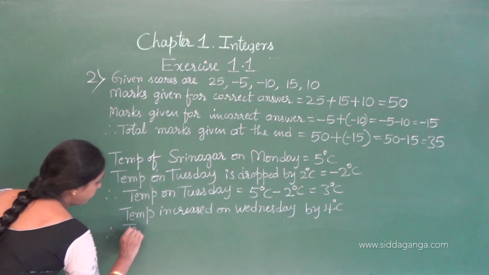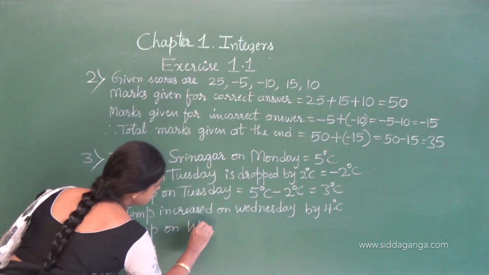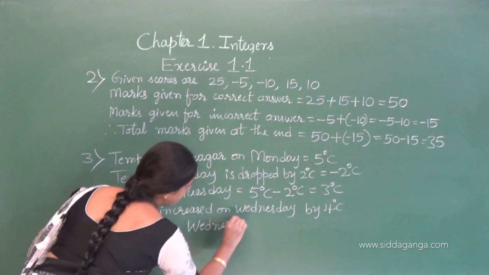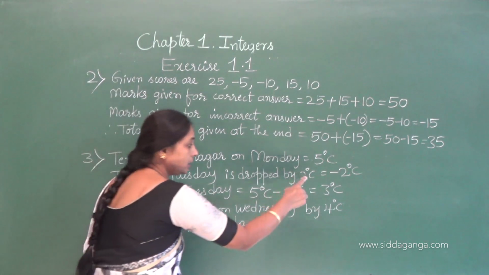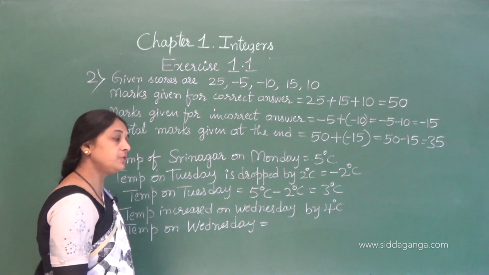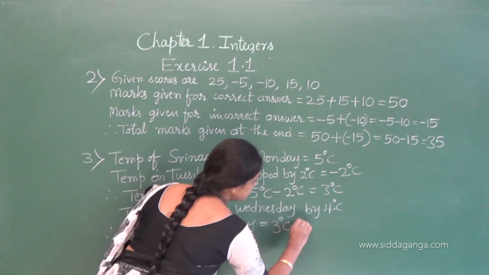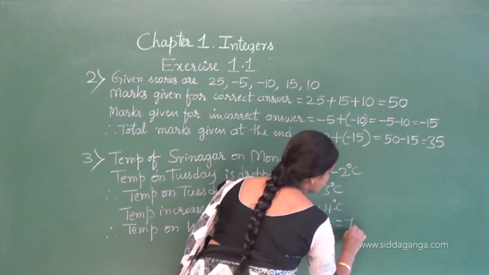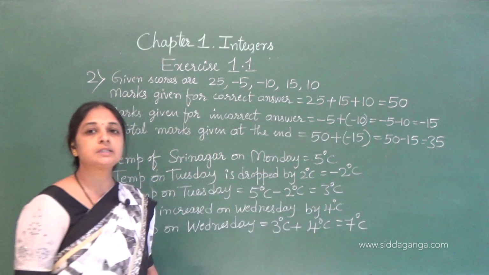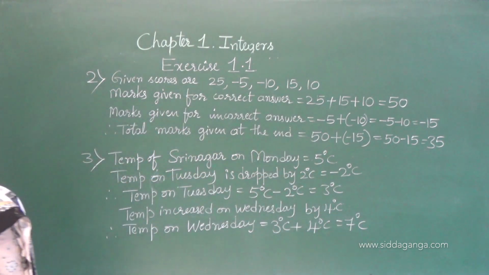Therefore, temperature on Wednesday is equal to, we have to take the temperature of Tuesday and Wednesday both. So 3 degrees Celsius plus 4 degrees Celsius is equal to 7 degrees Celsius. On Wednesday it was 7 degrees Celsius.